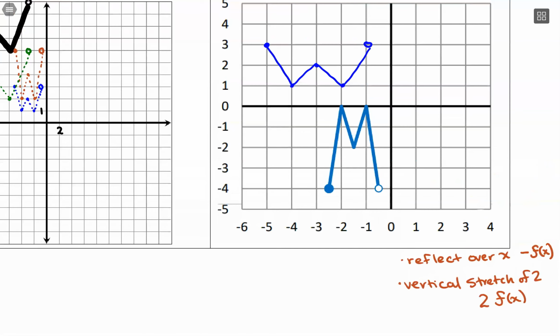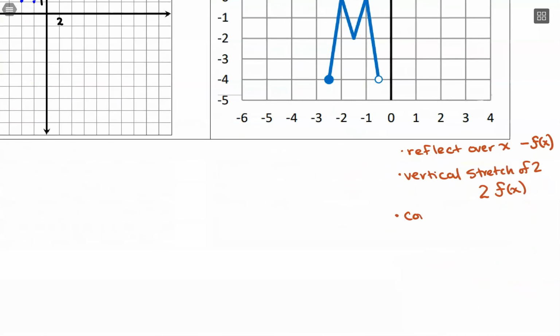Horizontally we span this distance of 4, and where we end up is just a distance of 2. It's like from 1/2 to 2.5. So with that, we are compressing horizontally. I'm going to make a note of that.